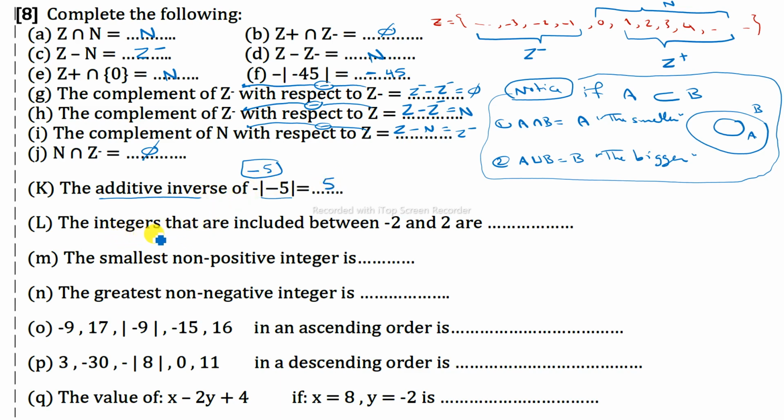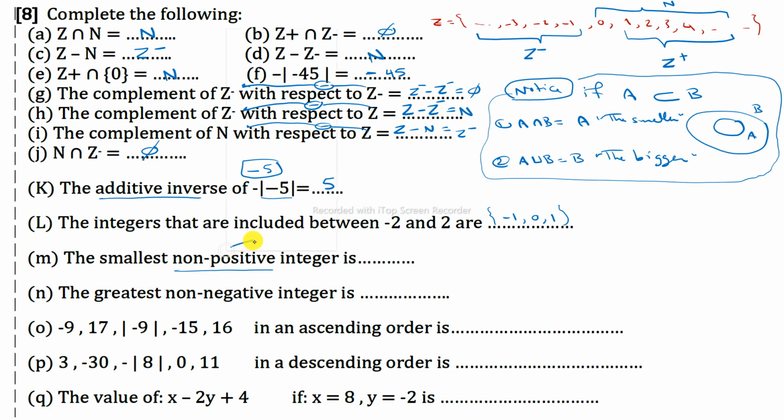List the integers that are included between negative 2 and 2: negative 1 and so on. The smallest non-positive. Be careful, what is the meaning of non-positive?